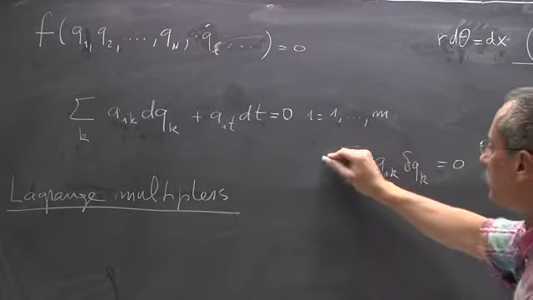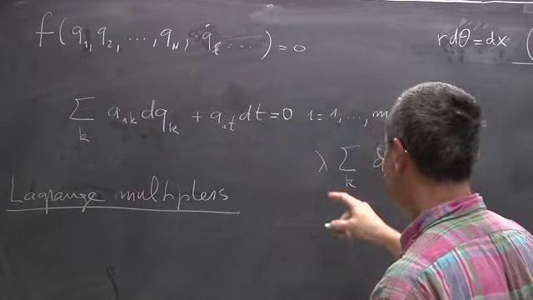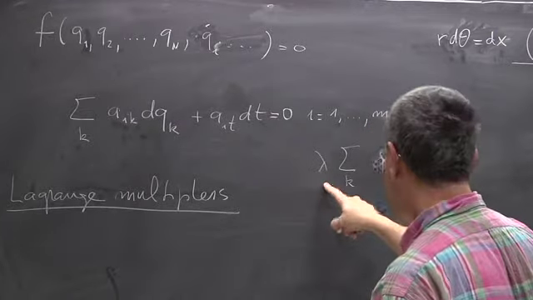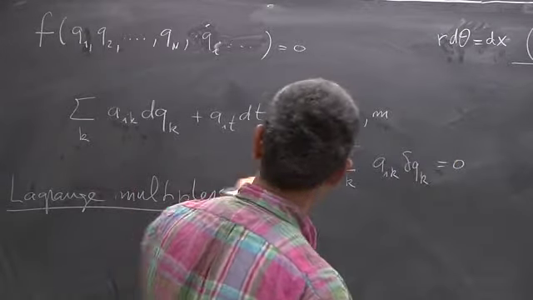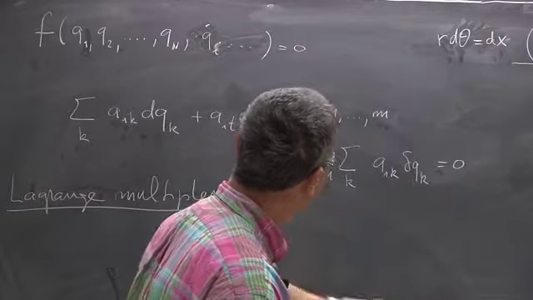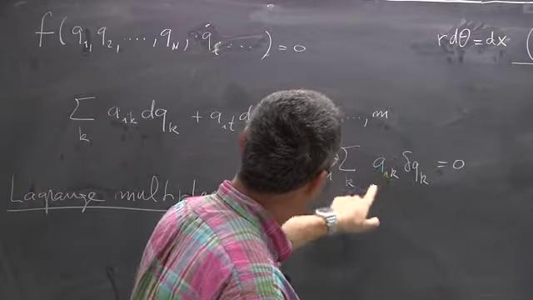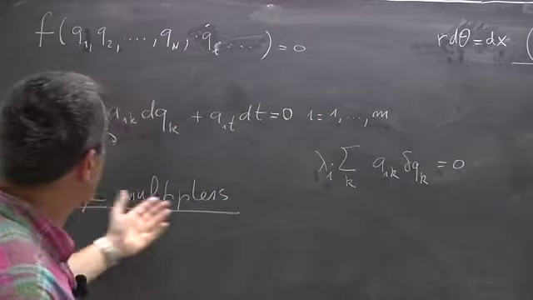And if this vanishes, it also vanishes if I multiply by a number. If I have m of these, you see I have i of these, i going from 1 to m, if I multiply each by a constant. This constant, lambda, is the Lagrange multiplier.